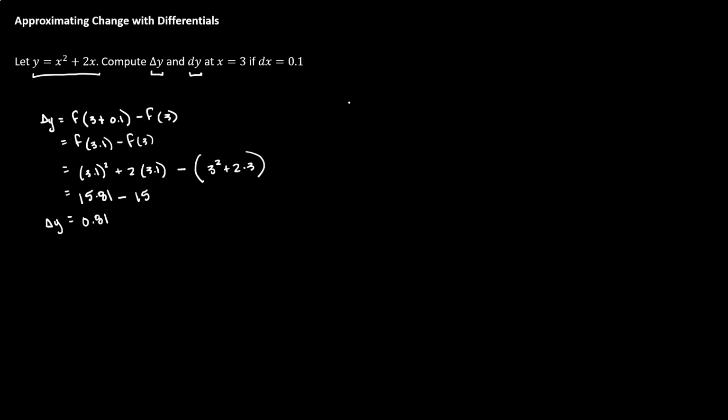Let's compute the differential dy. This is going to involve the derivative at 3 times our change in x, which is 0.1. So we need the derivative. The derivative of our function y comes out to be 2x plus 2.